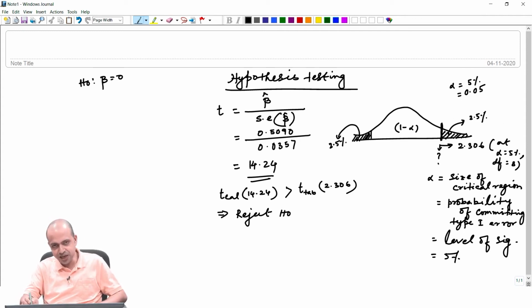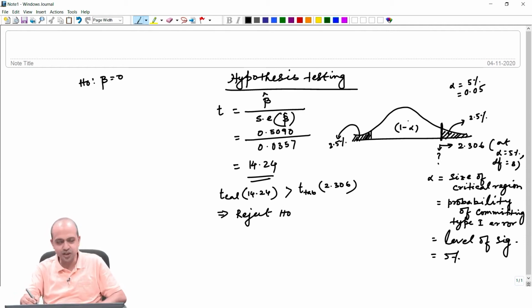If you reduce the size, then it would be difficult. Once the variable is significant at a specified level, it will be automatically significant at a higher level of significance also. A variable which is significant at 5% is definitely significant at 10%. But if it is significant at 5%, it may or may not be significant at 1%. That we have to again check. That you have to keep in mind.